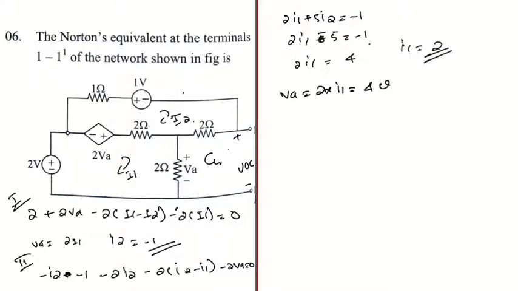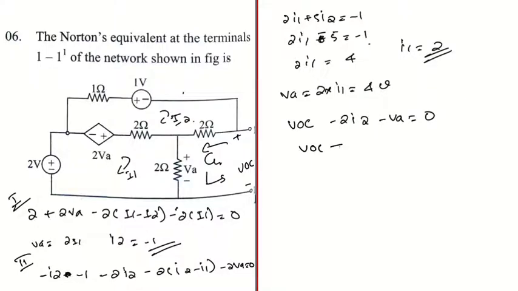And coming on to this particular mesh, I am going to write the mesh equation over here, that is VOC minus 2 into I2, sorry, 2 into I2 minus VA equal to 0.